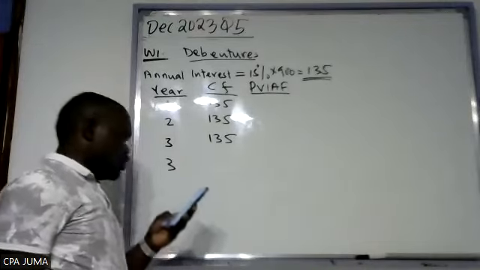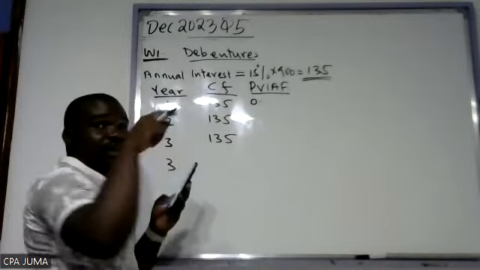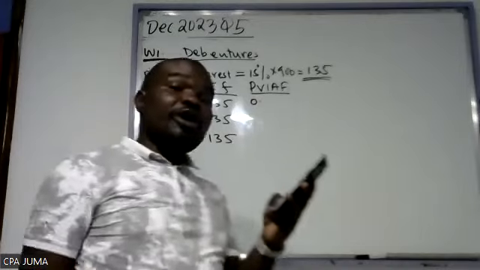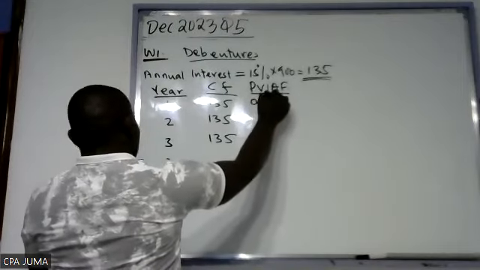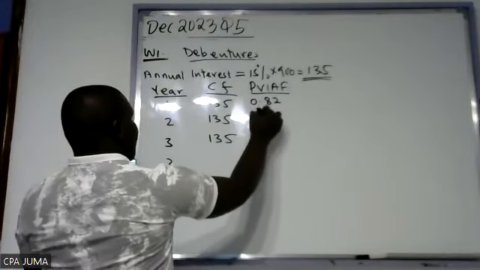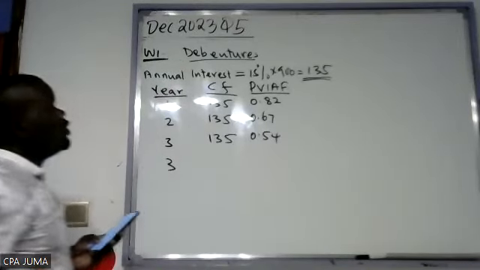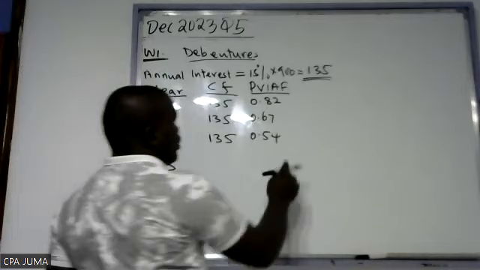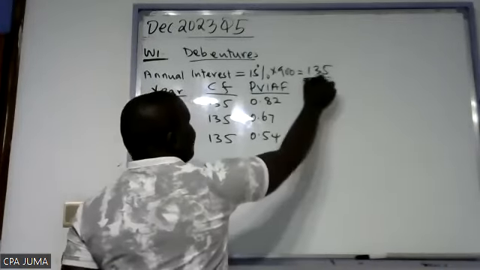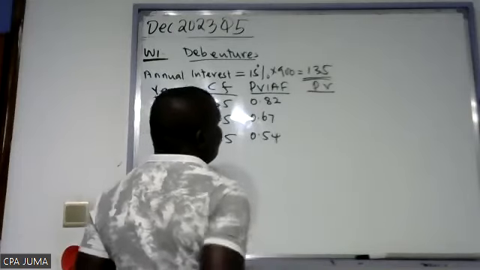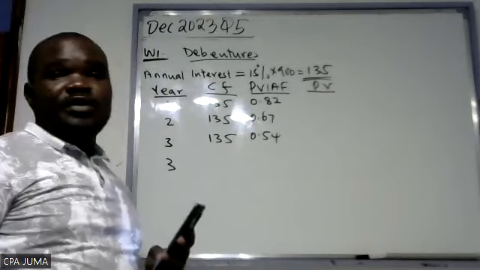So you go at 22.5, year 1, we have been given in the table. So check the table under 22.5. So 0.82, 0.67, 0.54. So the discounted cash flow, which is now the present value, can you give me the 3 figures?